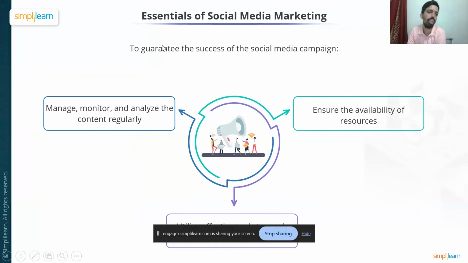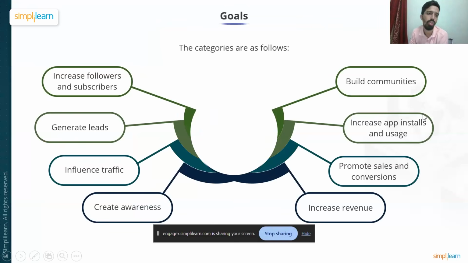So what are the essentials? You can manage your channel, you can monitor it, you can analyze it, and obviously ensure the availability of other resources. Now what should be your goal with these social media platforms? The goal should be very clear: to reach as many people as possible. So you need to focus on developing a connection with your followers or subscribers.